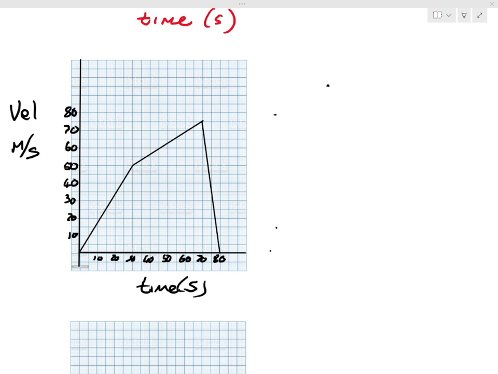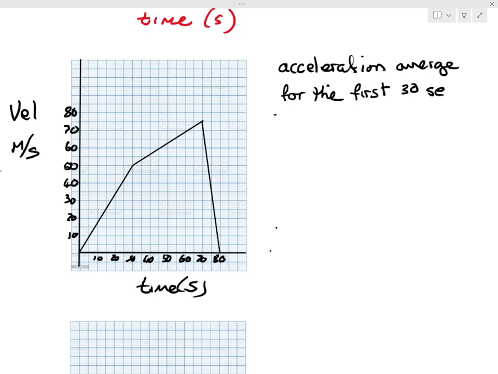So we can calculate an average acceleration for the first 30 seconds. Now, acceleration is calculated by the change in y over the change in x.